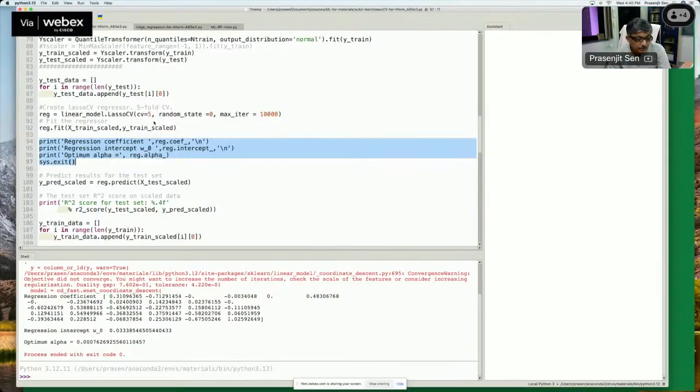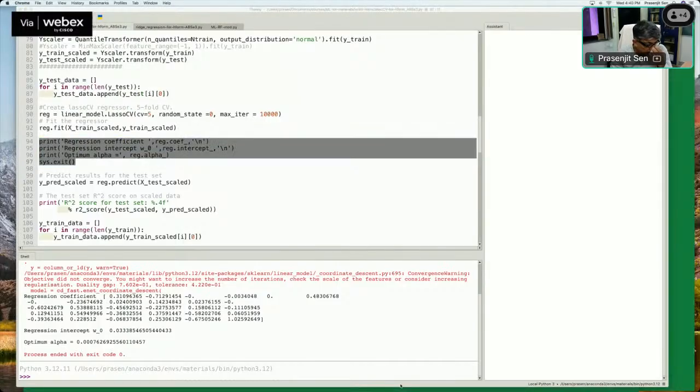I get 0.00076 this time. But still, these values are very different from 0.01. Given a data set, it's almost impossible to have a feel for what should be an optimum alpha. Therefore, it is better to optimize it.